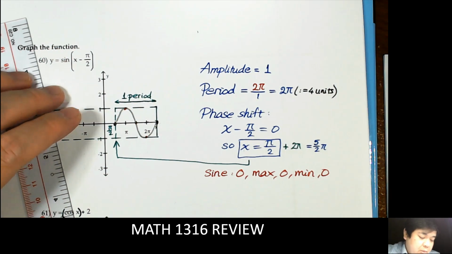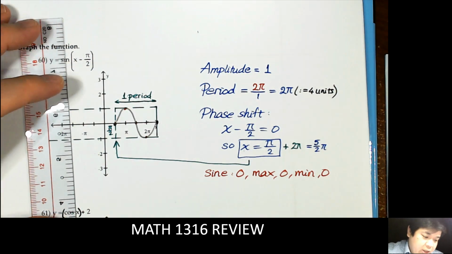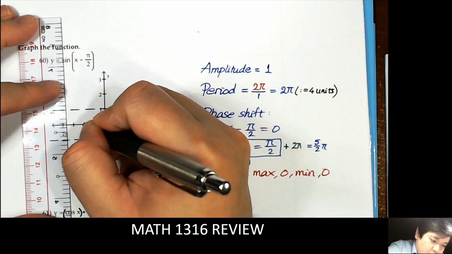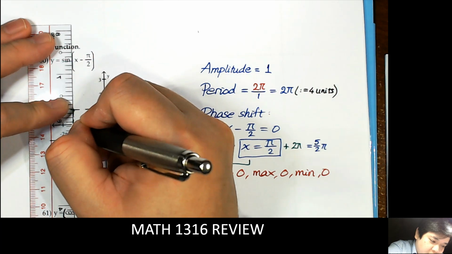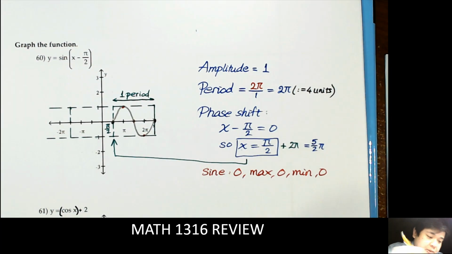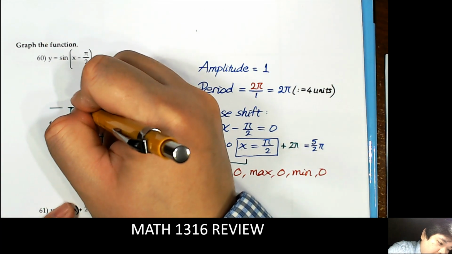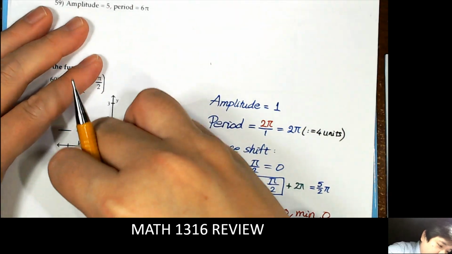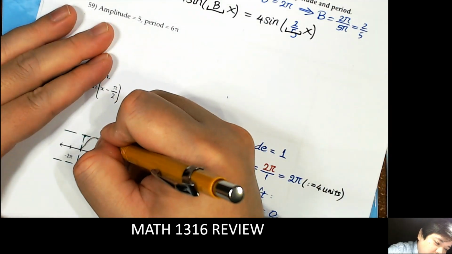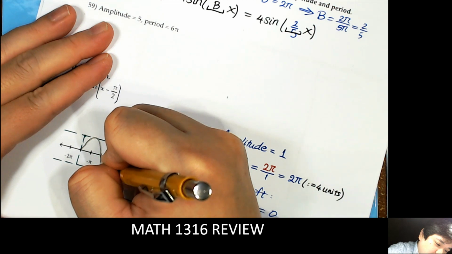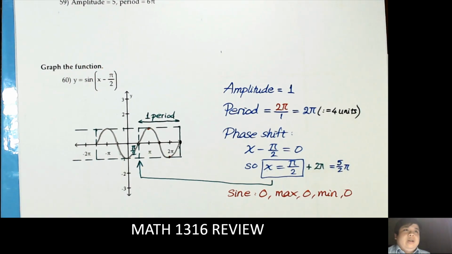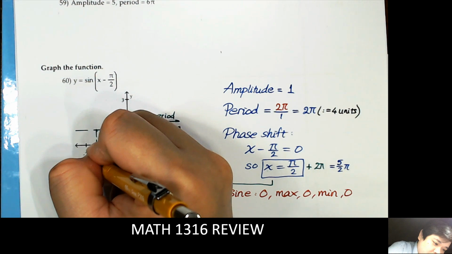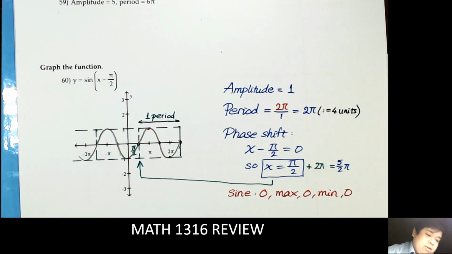And then we just copy and paste this throughout the whole interval. So 1, 2, 3, 4 ticks. That's another period. 0, max, 0. It's a good idea to draw in pencil. So that's what we have. We'll just continue if we need to. So that is the graph of that function.